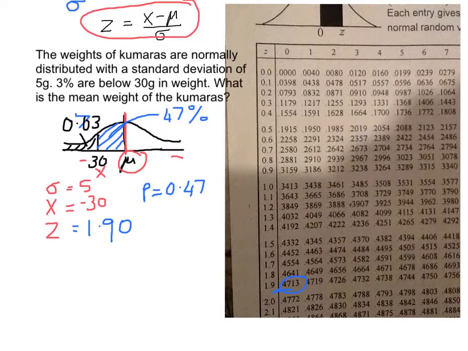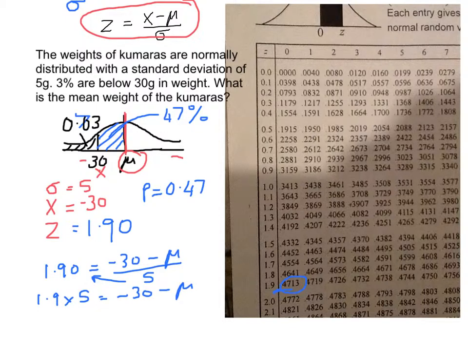Then I can put that in my formula: 1.90 equals my x, negative 30, take away my mean, which I'm trying to find, divided by 5. I'm going to rearrange this, put my 5 on the other side: 1.9 times 5 equals negative 30 minus my mean, and you can just keep going to work out what your mean is. I've run out of room there, but that would not be too difficult to do.